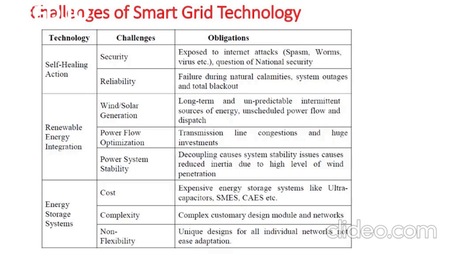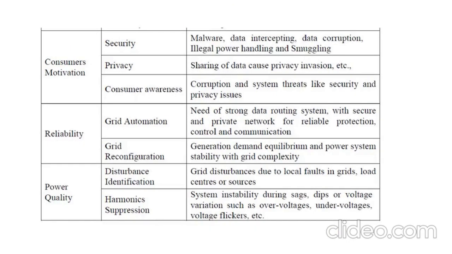Challenges: mainly self-healing action must be maintained. Others are security and reliability, renewable energy source integration, that is solar integration, power flow optimization, power system stability, and energy storage systems for cost. The key challenges are cost, complexity, and non-flexibility. Continuous motivation is needed.